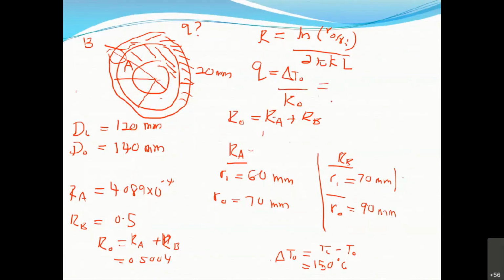Q is equal to 150 degrees Celsius divided by 0.5004. The unit here is Kelvin over watt. Once you do this, you'll get the value of Q. Okay, so this is how you differentiate between your single layer tube and multi-layer tube. Before we continue, do you have any questions to ask me?